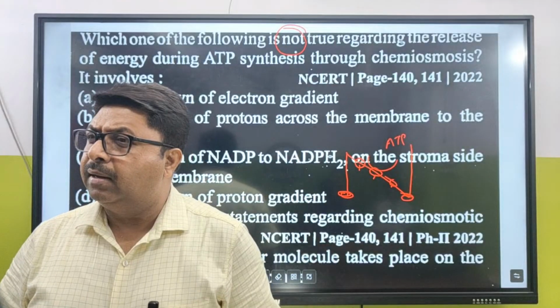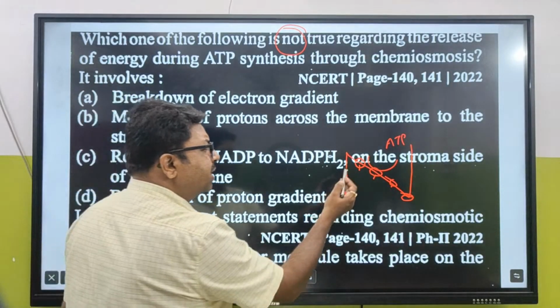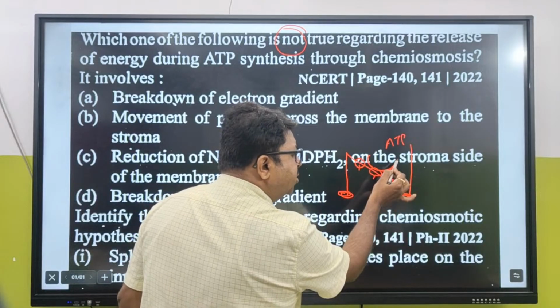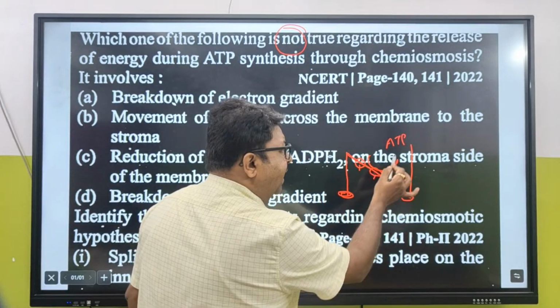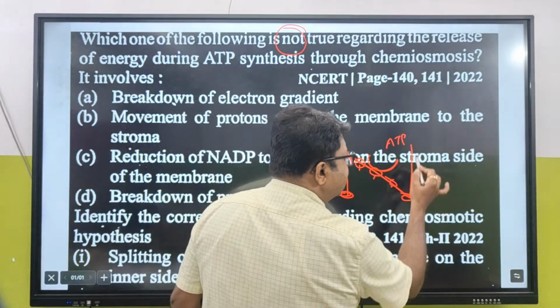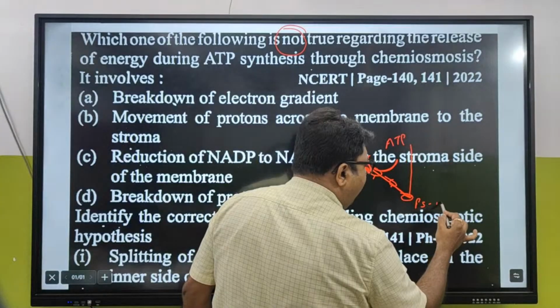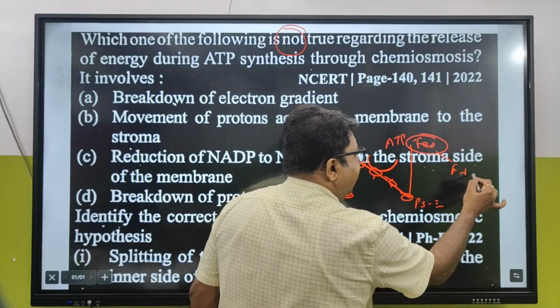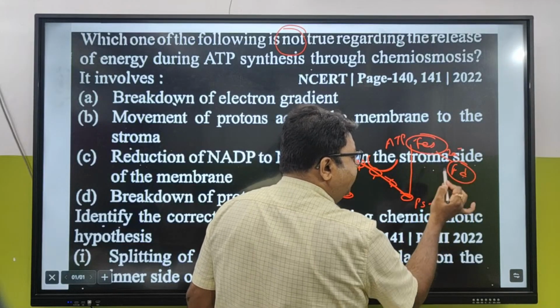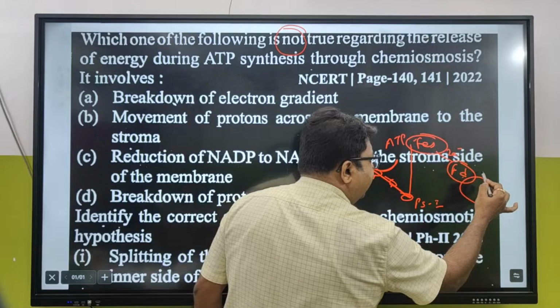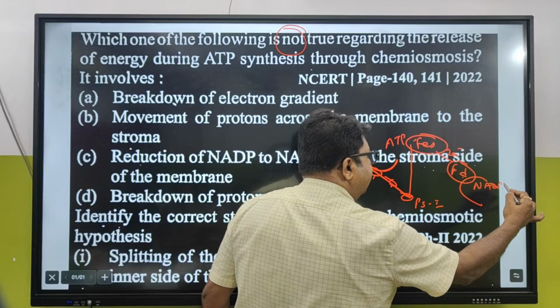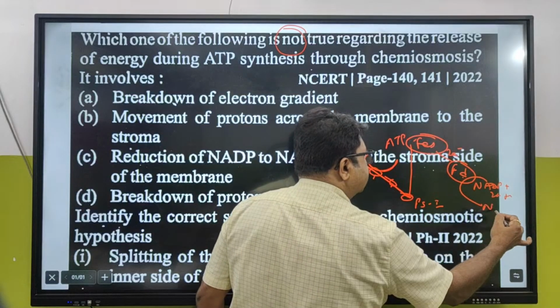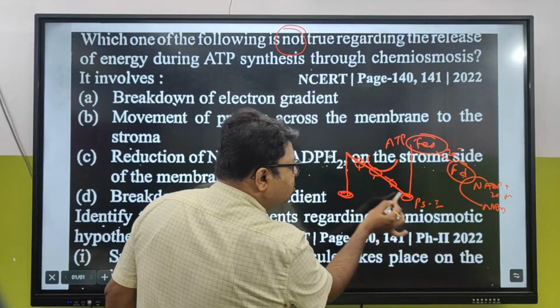Where is NADPH2? Don't forget, this was chemiosmosis, and here ATP was formed. What was here? PS1, and this is ferredoxin. The electron is accepted by ferredoxin, and ferredoxin takes that electron and reduces NADP plus, with 2 H plus and 2 electrons, makes what? NADPH2. Arey baba, what does chemiosmosis mean?